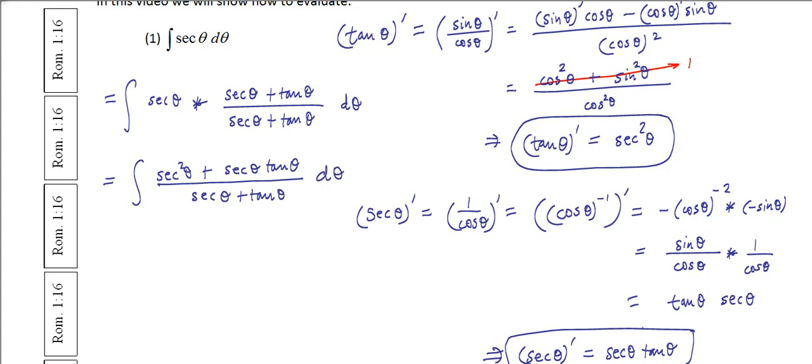Now we see a couple things that look familiar. Secant squared theta is the derivative of tangent theta, and secant theta times tangent theta is the derivative of secant theta.